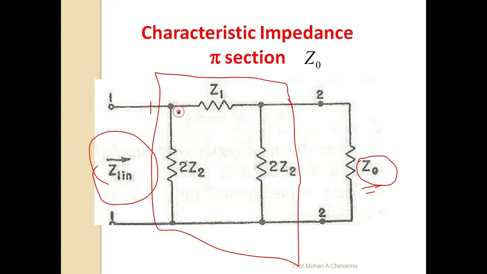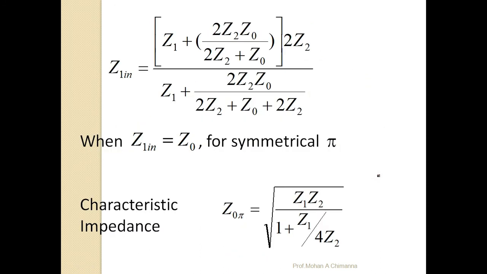Basically the current is divided at the two junctions here, and the current is flowing through 2Z2 and Z2 in this way also. Here the respective 2Z2 is in parallel with Z0 in a parallel series combination, in parallel with the 2Z2. In this way we have to find out the output impedance Z0.